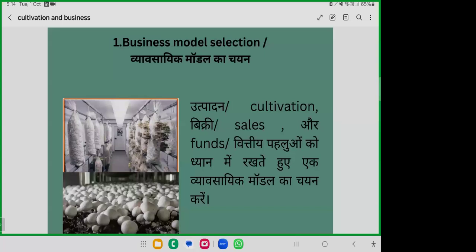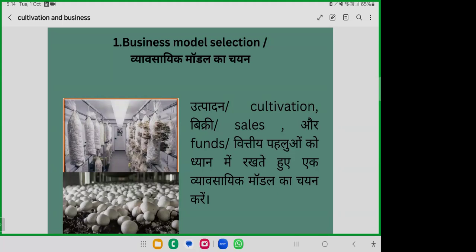Like oyster or button is 100 rupees per kg. Then shiitake or Ganoderma, 4 to 5,000 rupees per kg. And there are different strains, which are having like 10,000 rupees per kg, 20,000 rupees per kg, or 30,000 rupees per kg.